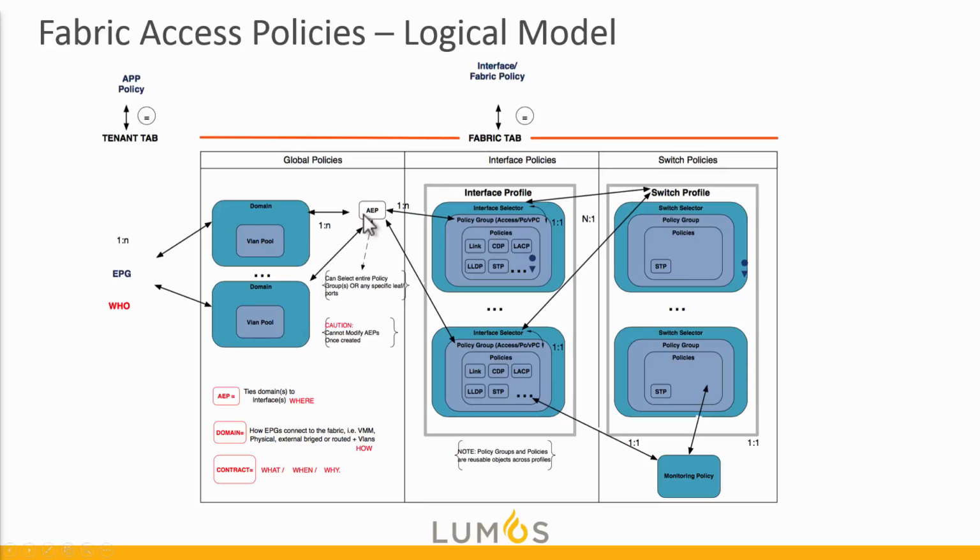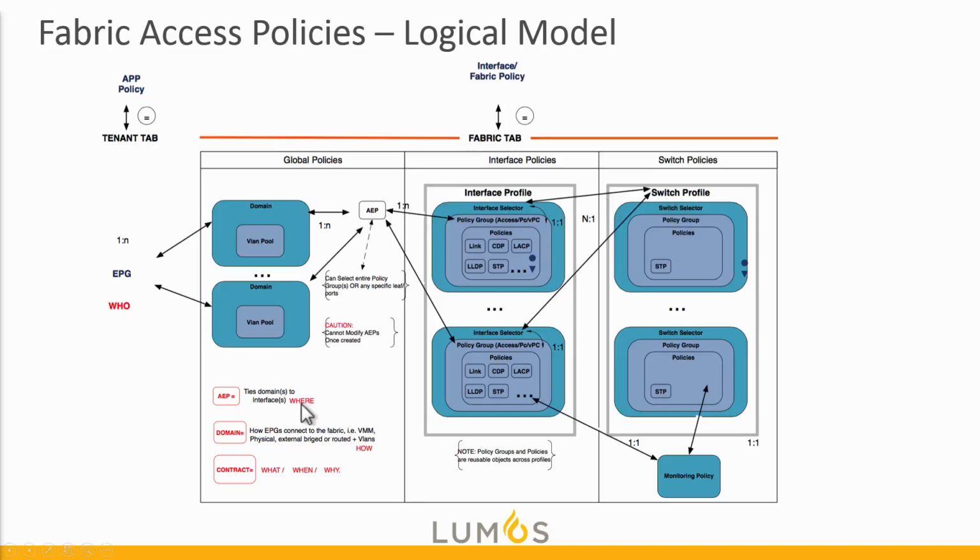Those link together with what I call software glue. Okay? There's really no physical component for this, or even necessarily a logical, tangible component like a VLAN. But the AEP, or Attachable Entity Profile, is how the domain gets associated over to our interfaces and to our switches.